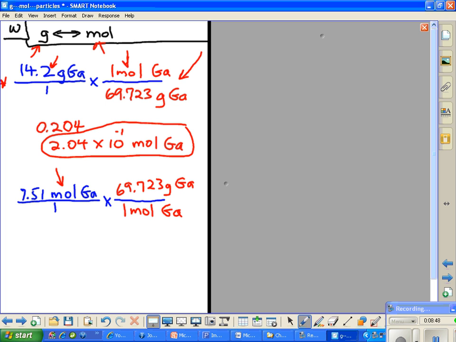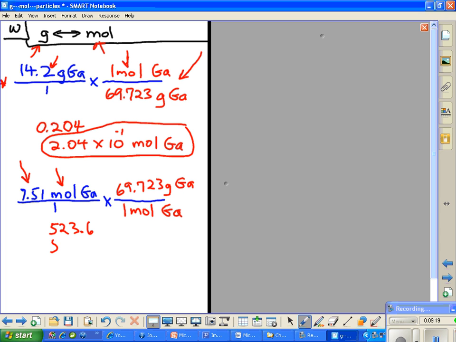And now we have a multiply problem, 7.51 times 69.723. And that's in grams. Our answer that we get on the calculator is 523.6. But how many sig figs do we have? We have 3 because this 7.51 only has 3 sig figs.